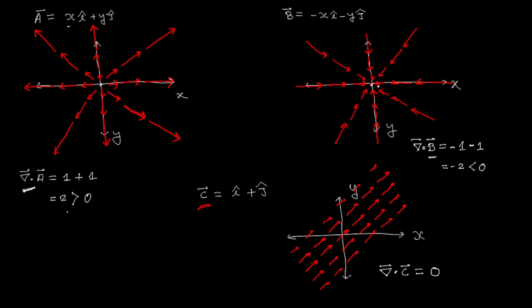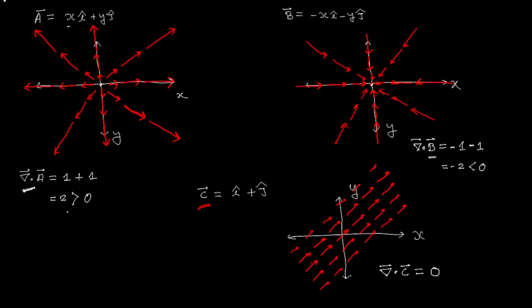And if the divergence of a vector field is negative, then it will converge to a sink region. And if the divergence of a vector field is 0, then this type of vector field will neither diverge nor converge to a sink region.